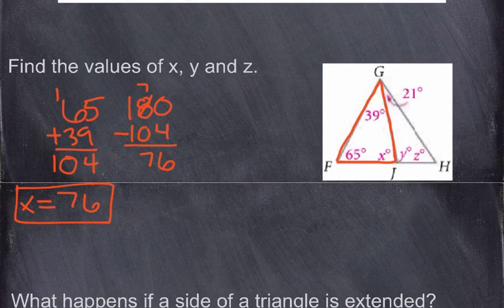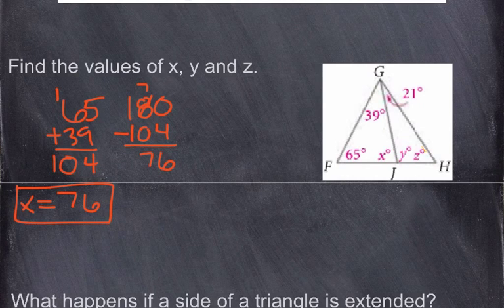Now we still need to find y and z. Well, if you look at this yellow triangle, we know that the top one is 21 degrees and the bottom is y and z. Now we need two angles in a triangle to find the third. So if we only look at the yellow triangle, we cannot solve for y or z. But what we can do is remember what a linear pair is.